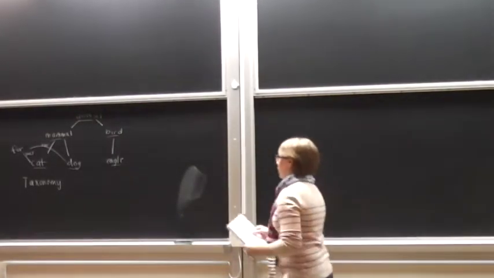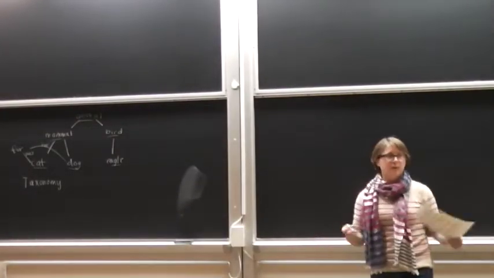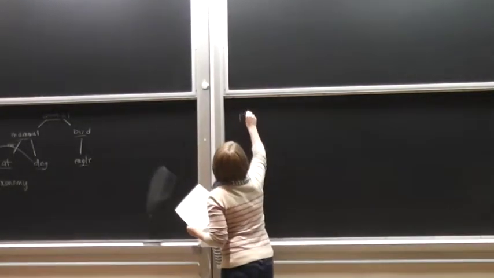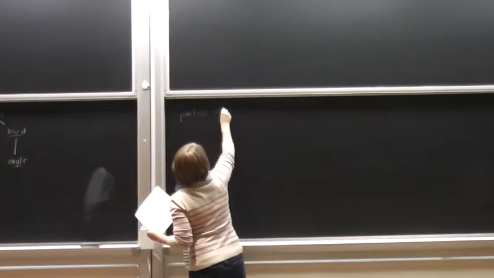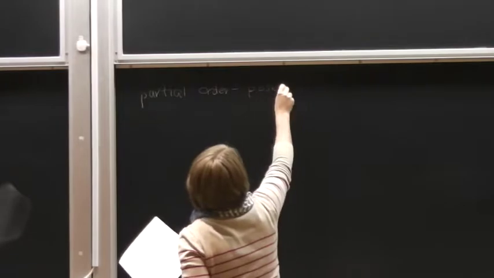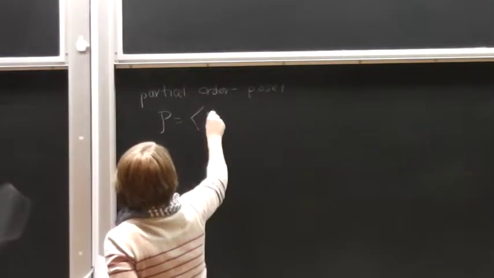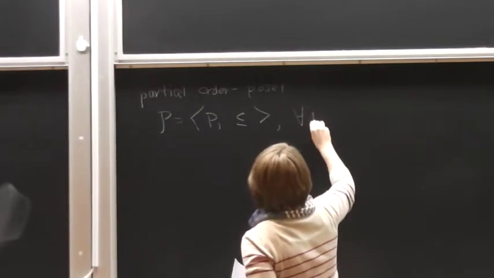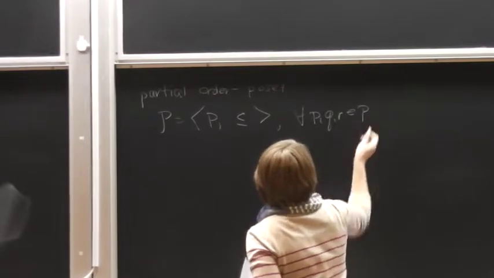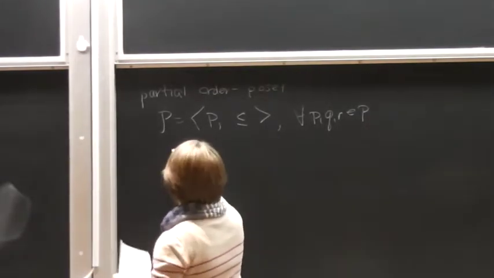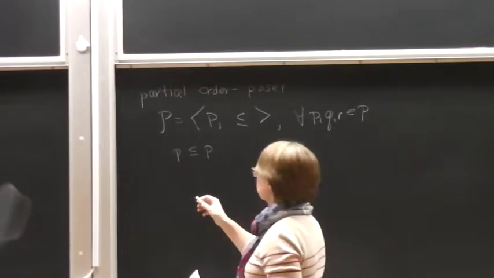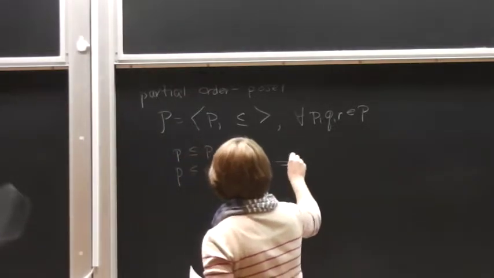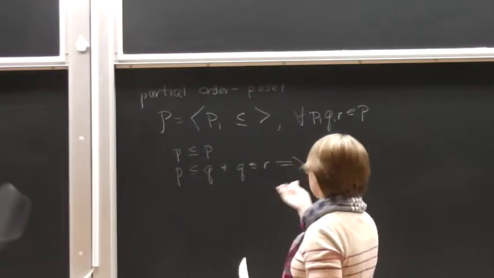Okay, so partial orders are very common. Everybody probably knows what a partial order is, but just in case, a quick definition. A partial order, or poset, partially ordered set, is a set P with some less than or equal to relationship, so that for all p, q, and r in my set P, I have that p is less than or equal to p, so everything is reflexive. p less than or equal to q and q less than or equal to r implies p less than or equal to r.